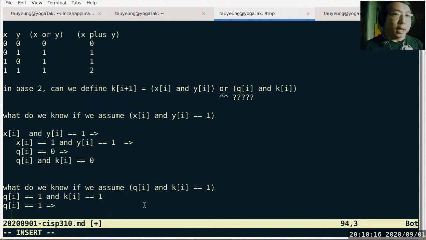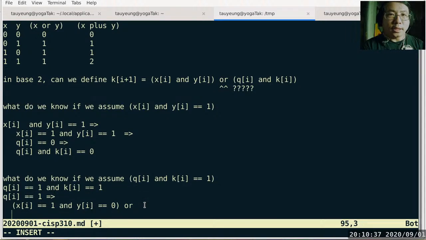Okay, so Qi being a 1 implies what? There are two possible cases, right? If we look at the actual values of x and y, there are two cases that can make Qi a 1. The first case is xi being a 1 and yi being a 0, or the second case is xi being a 0 and yi being a 1.